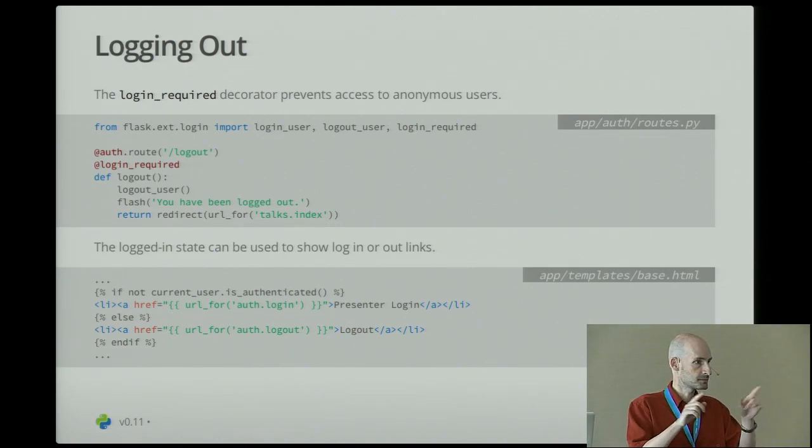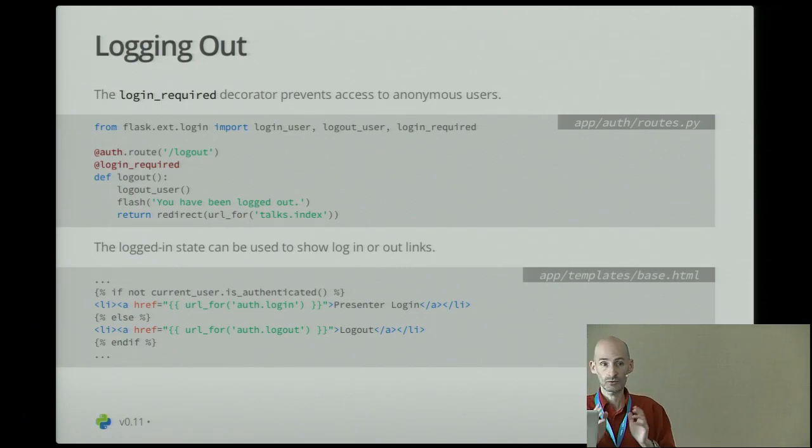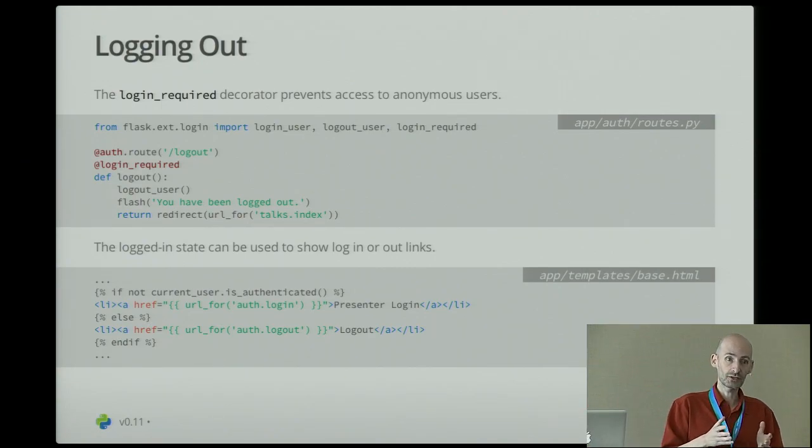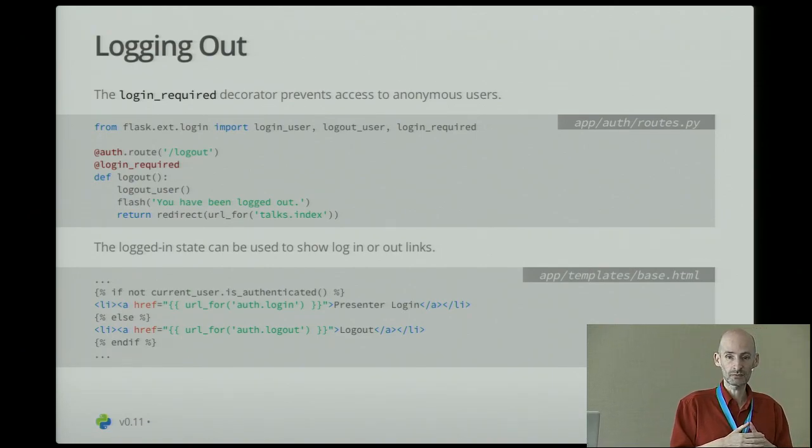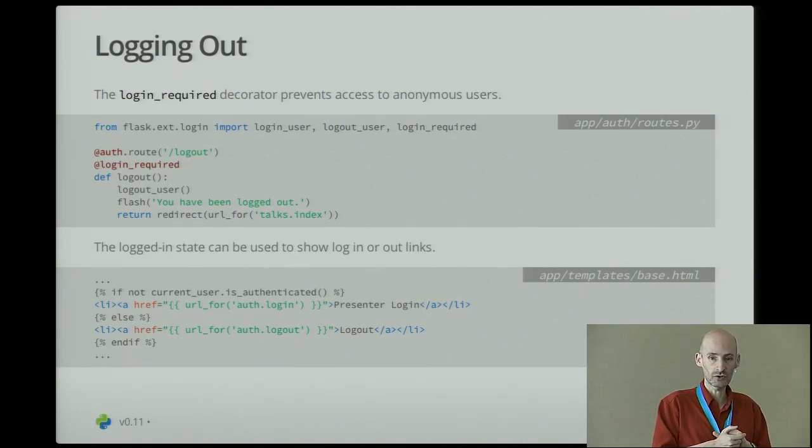And to answer someone's question, I think it was you, we're going to log out now. To log out, you need to be logged in, right? There's no point in allowing someone to access the logout route if you're not logged in. The way you say that a route needs to be only for logged in users is by adding a decorator called login required, right there at the top, right below auth.route.